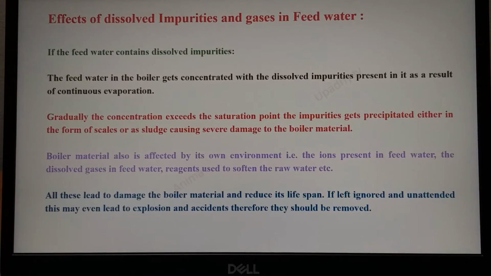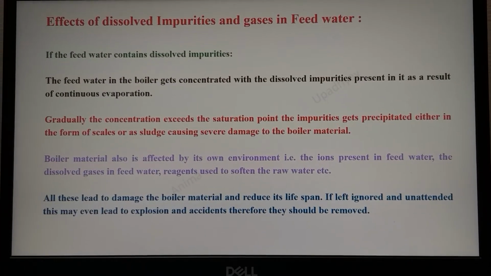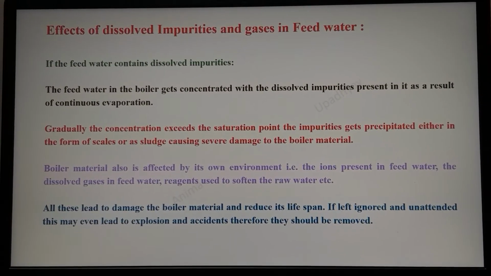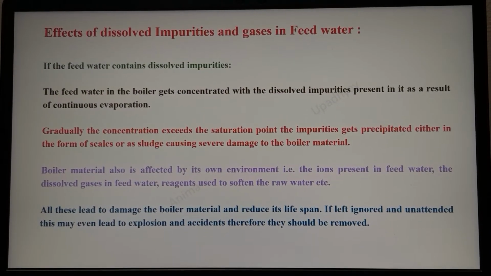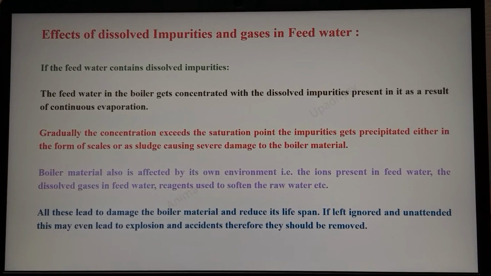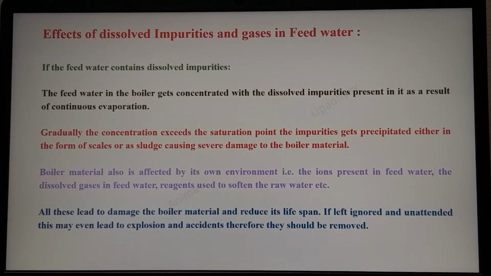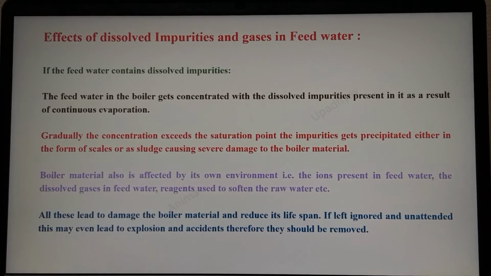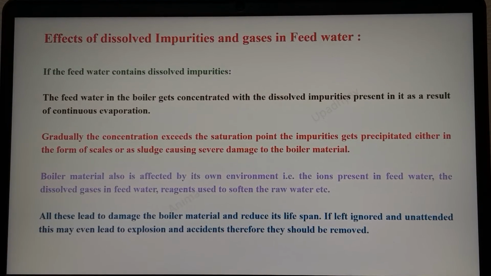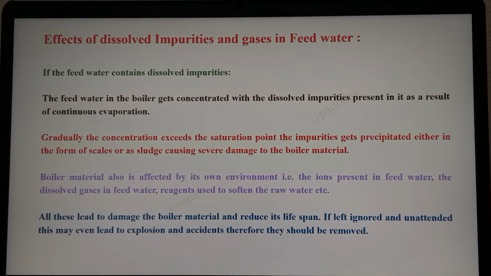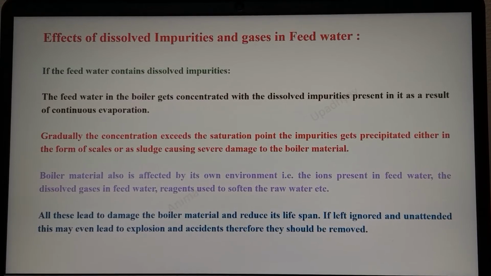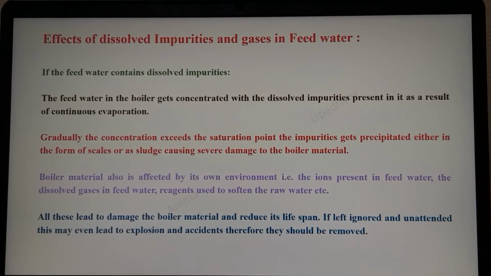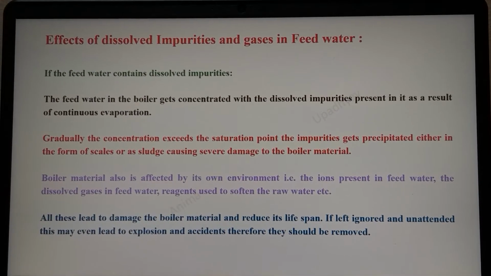So what are the effects of dissolved impurities and gases if they are present in the feed water? The dissolved impurities get concentrated as the water boils in the boiler, as a result of which the concentration of the dissolved impurities exceeds the saturation point, which results in precipitation of the impurities in the form of scales or sludge.